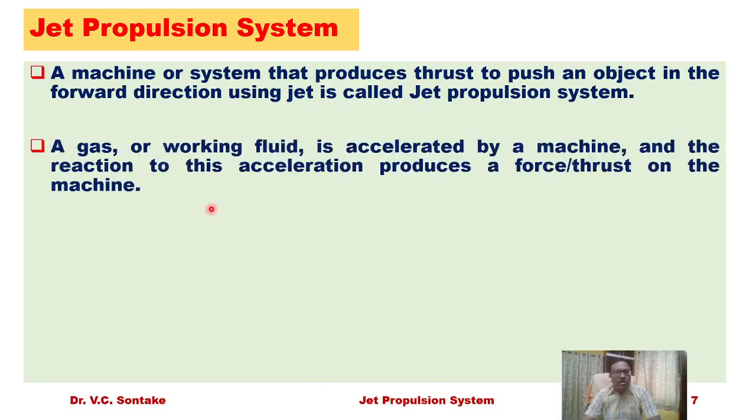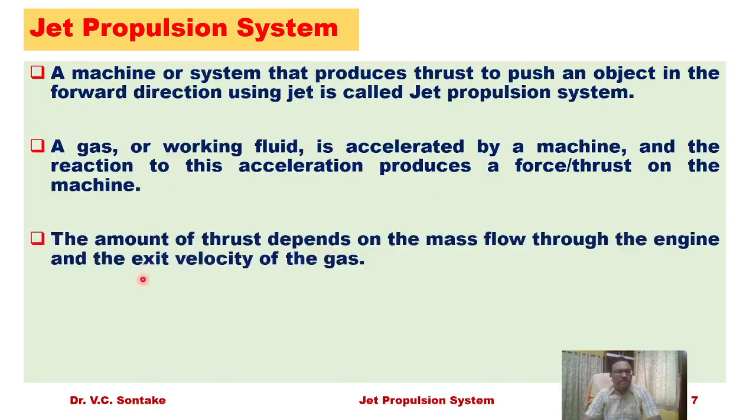A gas or working fluid is accelerated by the machine or engine, and the reaction to this acceleration produces a force or thrust on the machine, which moves it in the forward direction. The amount of thrust depends on the mass flow through the engine and the exit velocity of the gas.